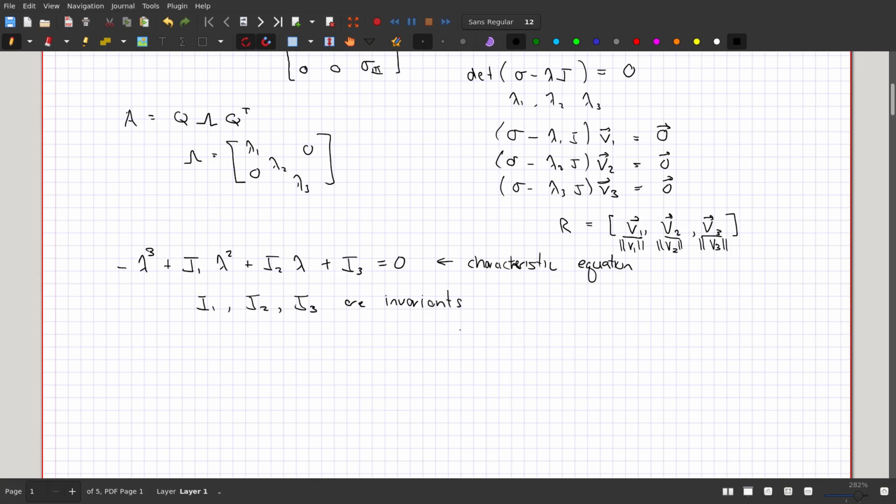And in our case, we're really talking about stress, so we might say invariants of the stress tensor. However, any matrix would also have invariants.